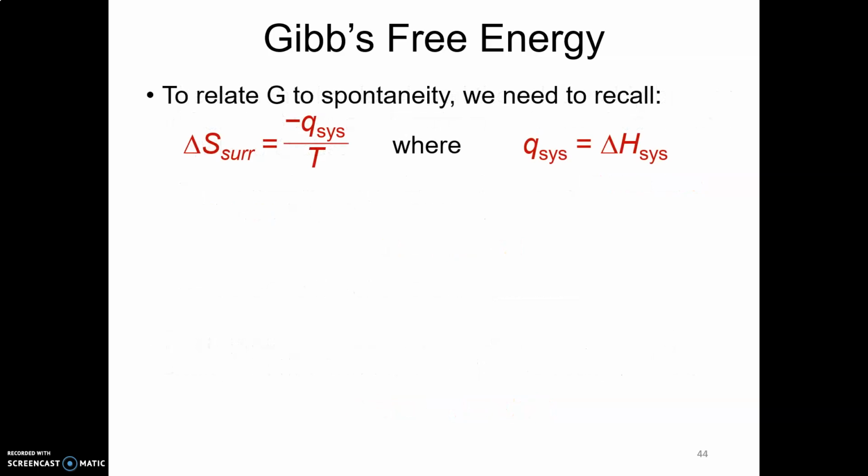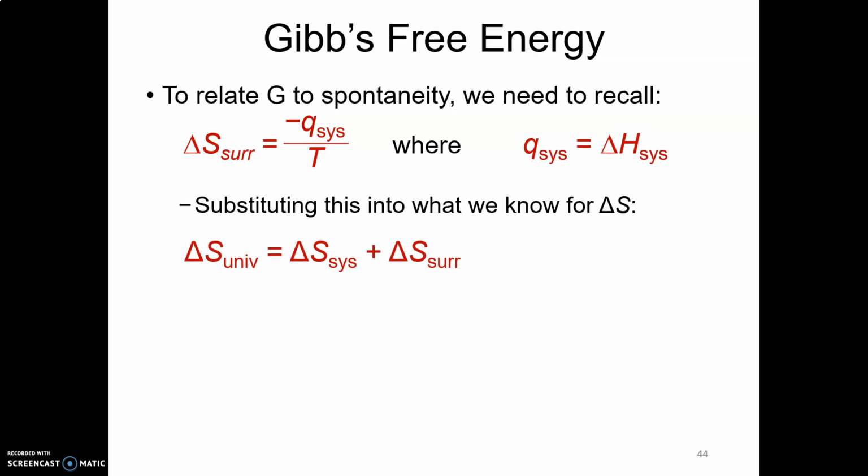So where is delta G coming from? These equations should look familiar because we just talked about them in the last video. Delta S surroundings is equal to negative Q over T. And we know that a lot of times we can get Q from delta H. And we know that delta S universe is equal to delta S system plus delta S surroundings.